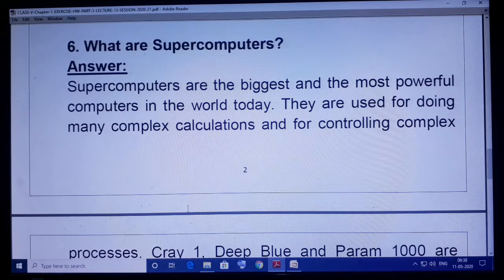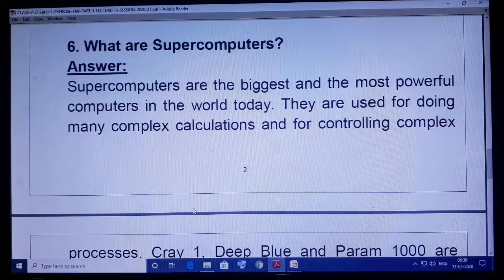These complex calculations are like weather calculations. In this case, the computer has to collect data from many places and then it can calculate the weather.